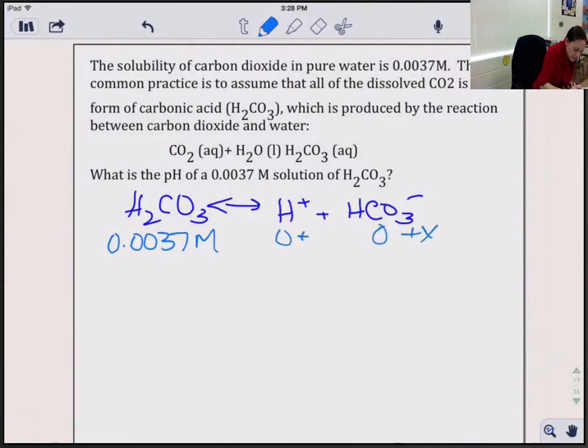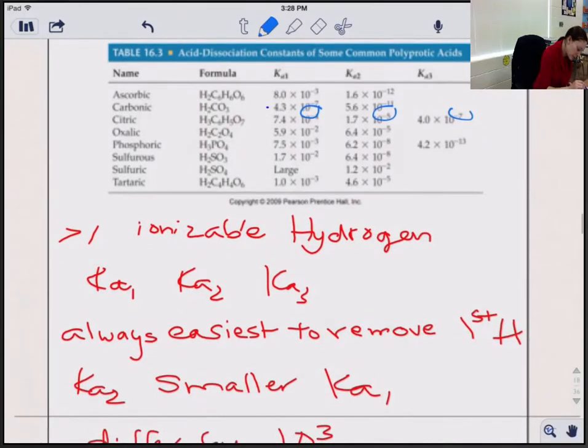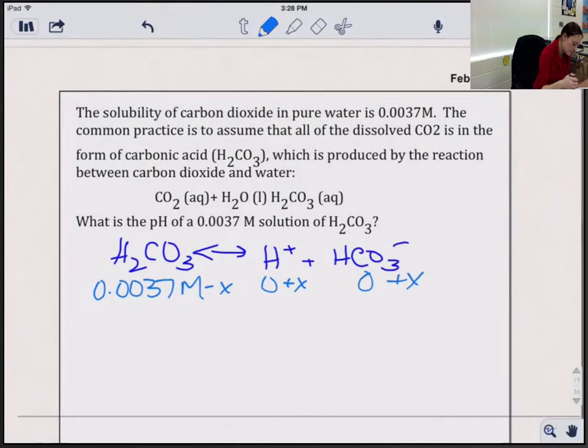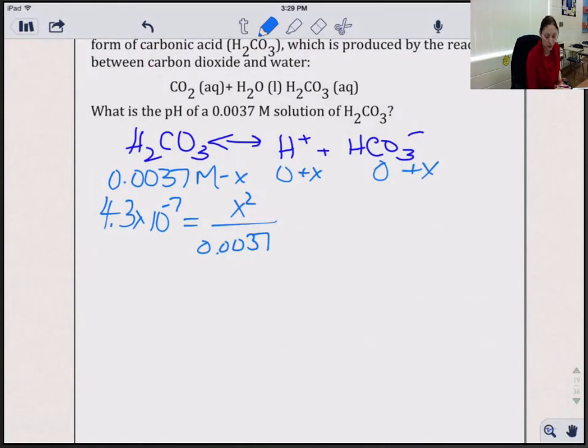So if I have 0.0037 molar, none of that, plus x, minus x. I look up the Ka for the H2CO3, and it tells me the Ka for H2CO3, the first one, is 4.3 times 10 to the negative 7th. So I'm going to have 4.3 times 10 to the negative 7th equals x squared over 0.0037. Again, it's minus x, but we don't do the minus.